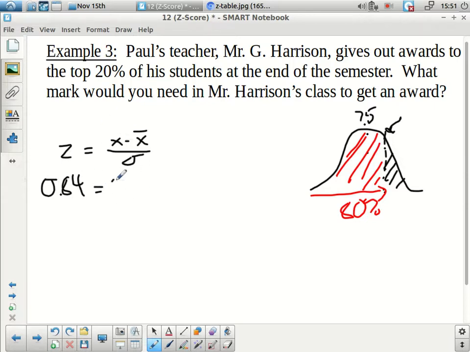I don't know what the data point is, but I do know my mean was 75 and my standard deviation was 4.5. And now we just have to do a little bit of equation solving. I bring the 4.5 up, so 0.84 times 4.5 equals x minus 75.